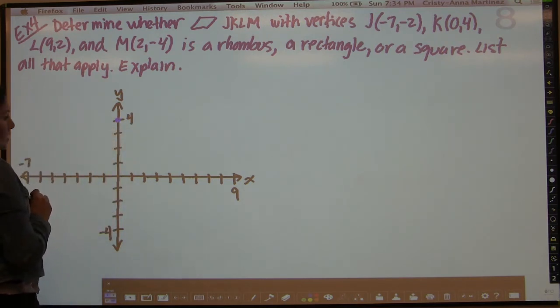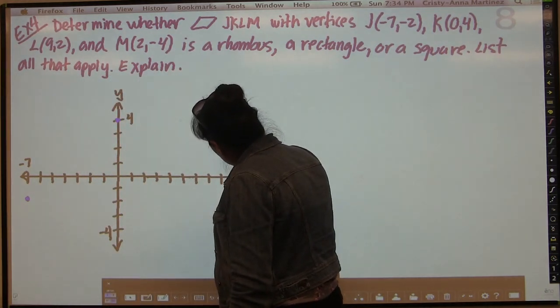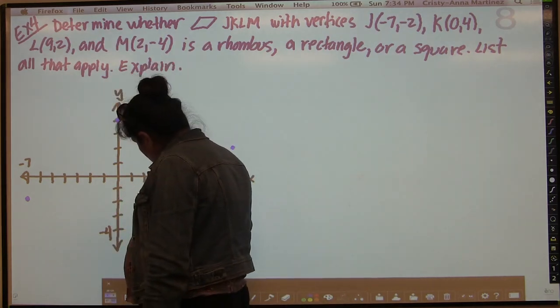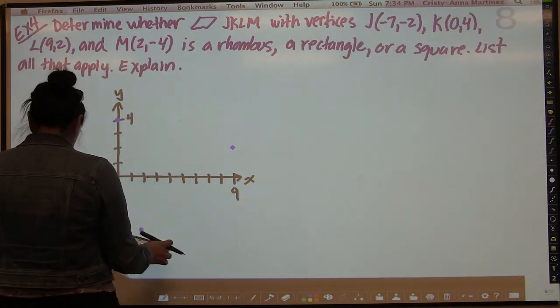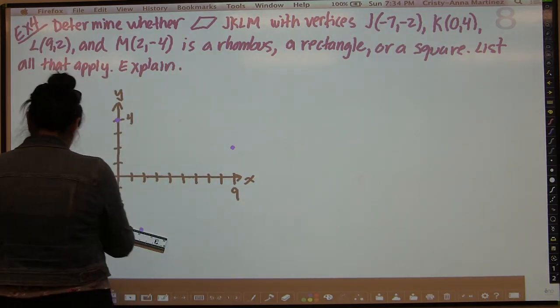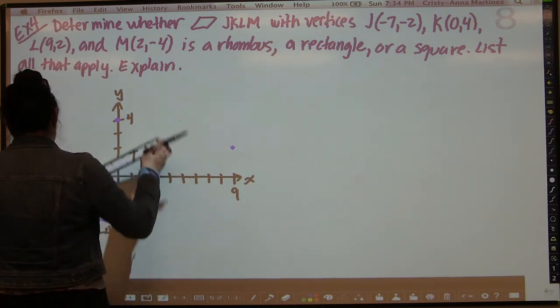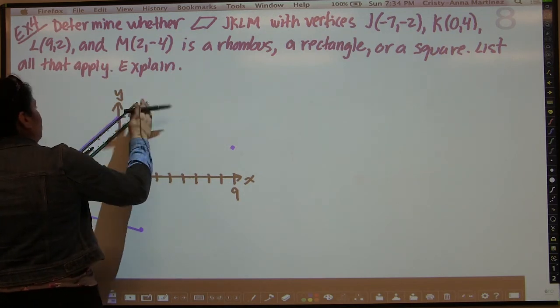We have 9, 2, so here's 9, and 2 is up here. And then we have 2, -4 down there. And we're going to connect our points here. Hopefully my ruler is long enough to connect all of these. It's quite the large parallelogram here.